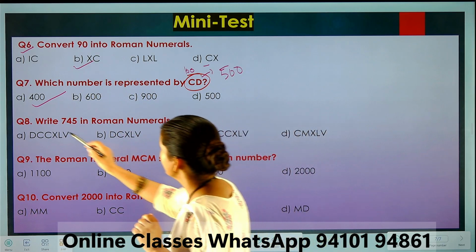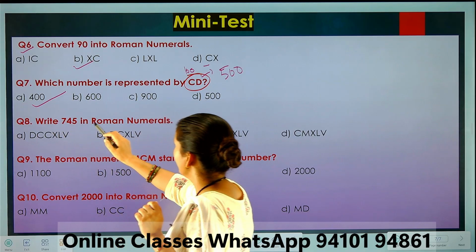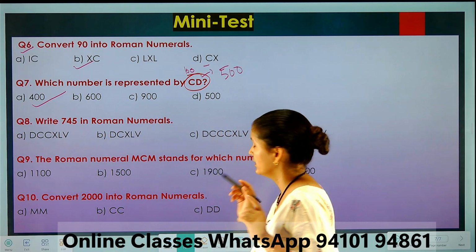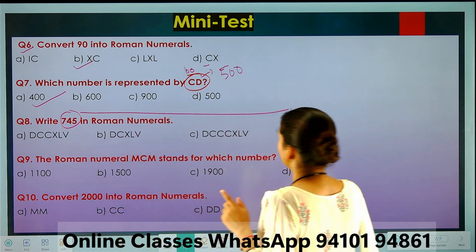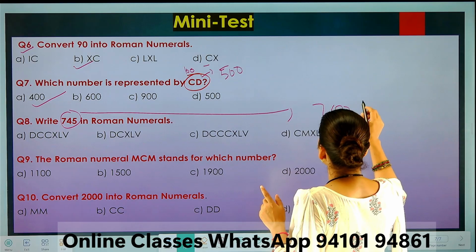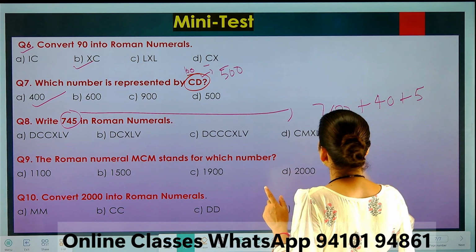Correct? Next, write 745 in Roman numerals. At first, before writing the Roman numerals, break this number. 700 plus 45. You know that 700.